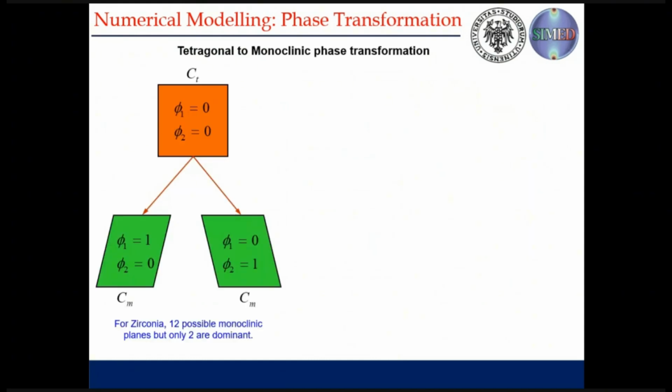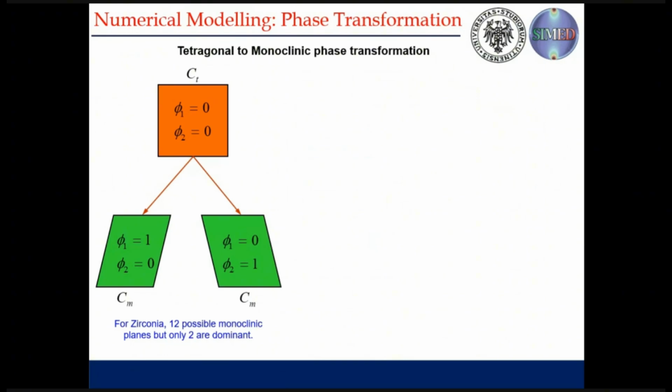So let's suppose we have a domain with tetragonal phases. When we apply this load, it can convert into 12 possible variants of monoclinic. But in this material, only 2 variants are dominant. So I'm showing those 2.